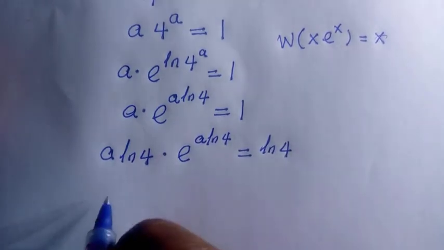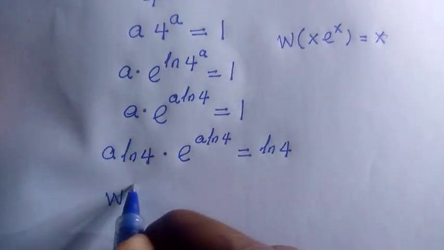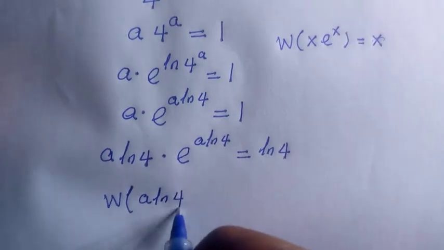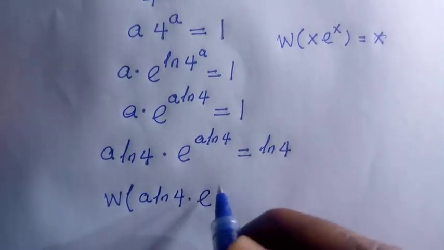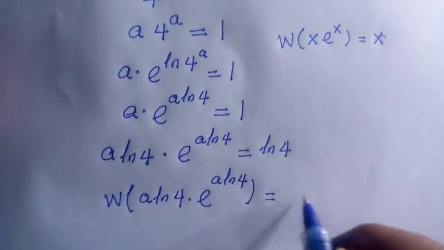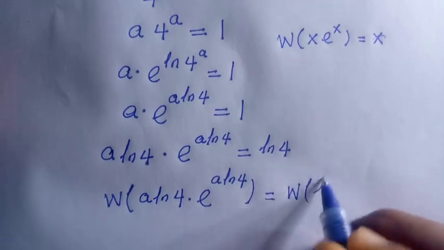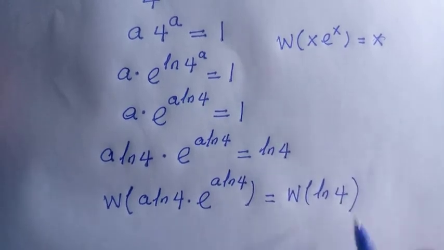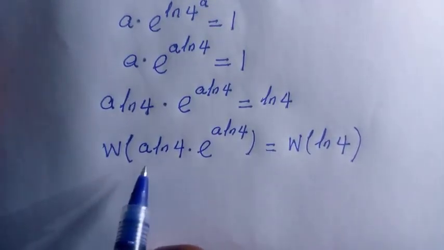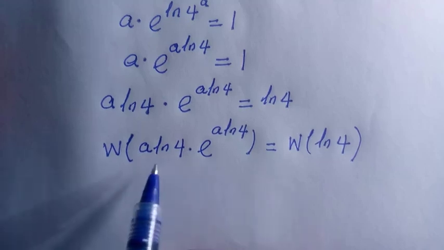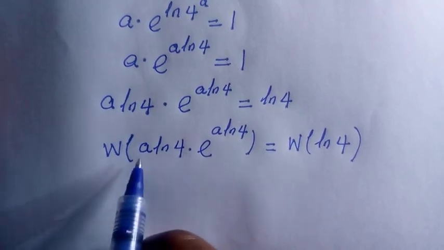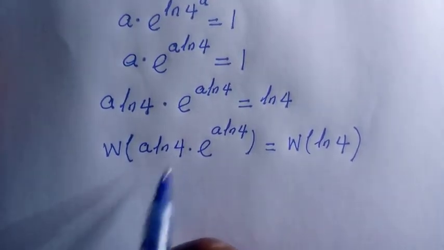Then we introduce that function, the Lambert omega of a ln 4 multiplied by e^(a ln 4), everything equals the omega of ln 4. Now we have the rule that has made this uniform, so you can apply the rule and take a ln 4.